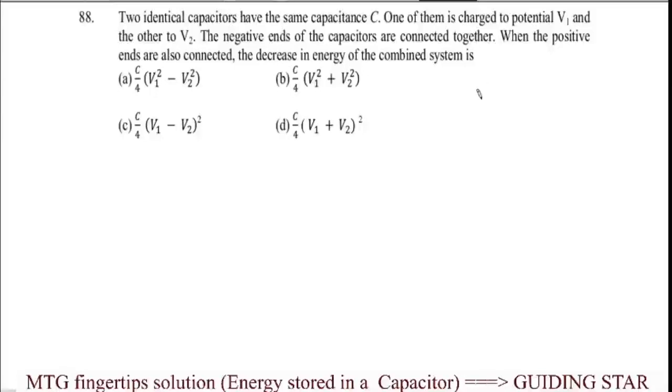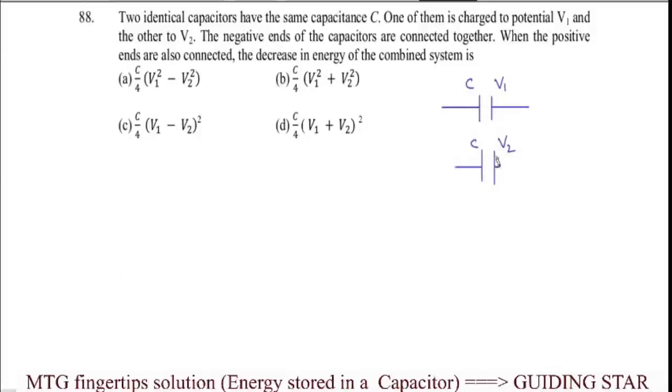So here in this particular case, what it is saying is that there are two capacitors. This is one capacitor which is having capacitance C, and it is having potential, let it be V1, and the other capacitor is another capacitor here which is having capacitance C, and it is having potential V2.